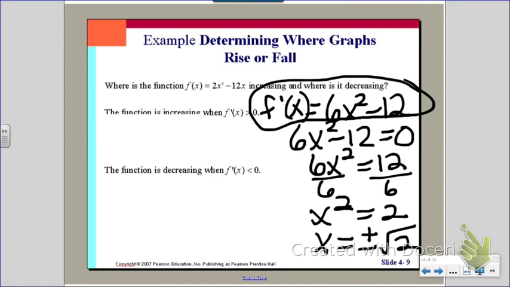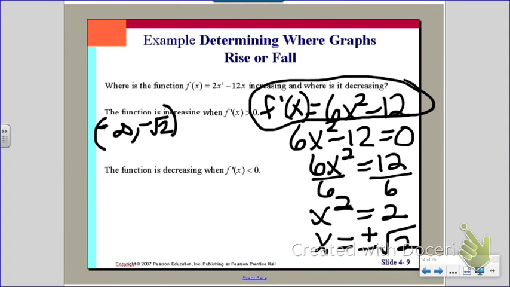If we pick a number that you know for sure is smaller than negative square root of 2, like negative 10 for example, square that, it would be 100 times 6, so 600 minus 12. We know that's going to be positive. So in the interval between negative infinity and negative square root of 2, the function will be increasing because the derivative is positive.